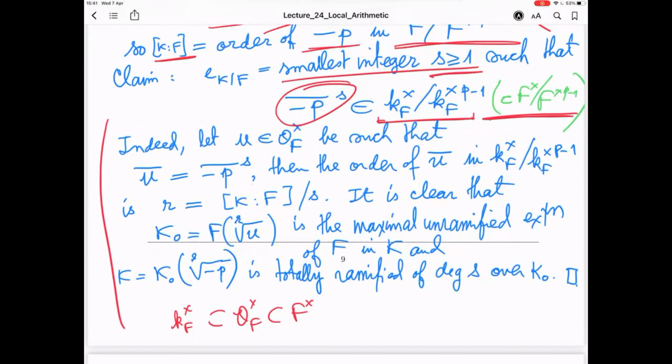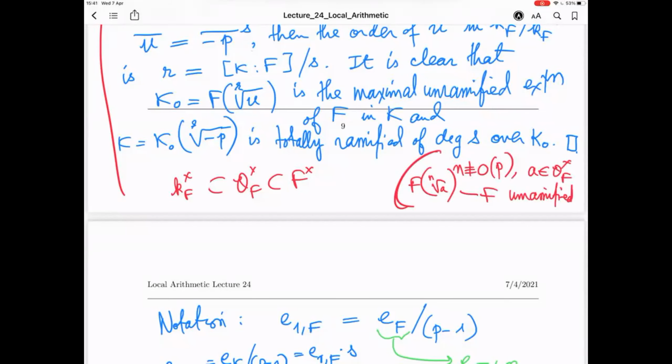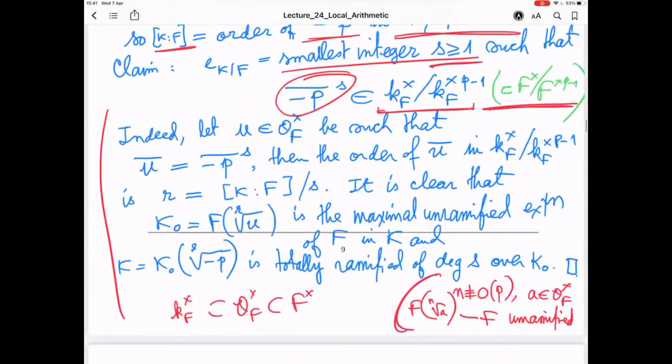And here is a small proof that just uses the fact that, when N is prime to P, and when I adjoin nth root of some A to my F, and A is a unit, then this is going to be unramified. So these are the kind of things that we are using. Okay.